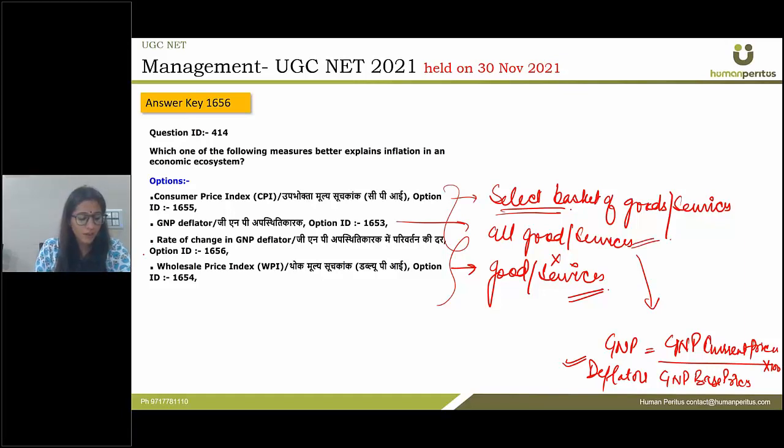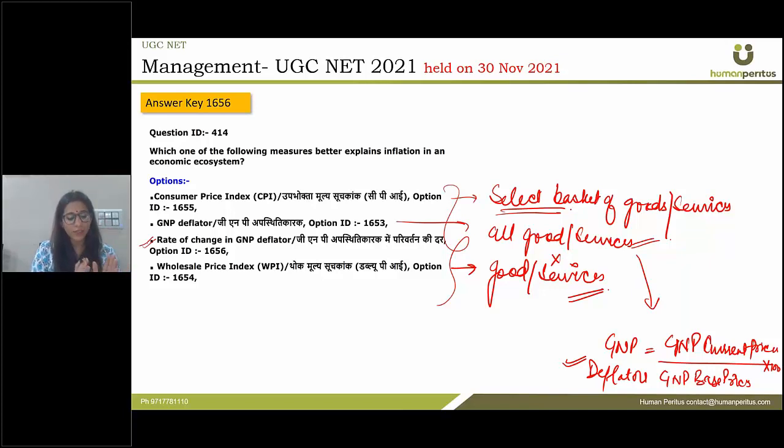Now the next one is the rate of change in GNP deflator. It is basically the best among all because it shows the rate of change in inflation by comparing the results of different GNP deflators. A GNP deflator takes into consideration one particular base year's price and the current year's price.